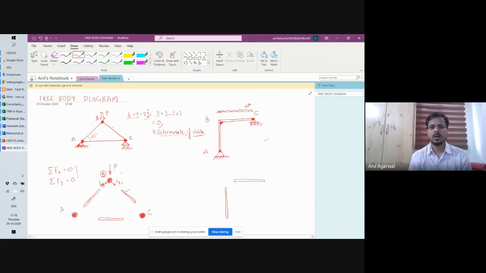So from the first law, now I'm not going to solve it. Of course, I know all of you know already how to solve it. So I will save some effort. Okay. So these two forces have to be in such a way that their vertical component balances P and horizontal components cancel out each other.